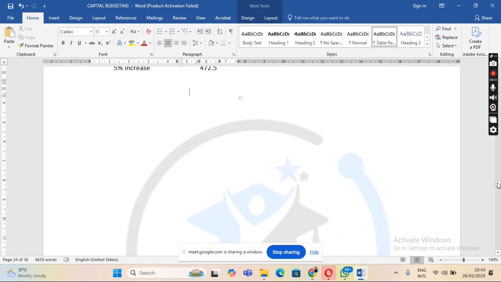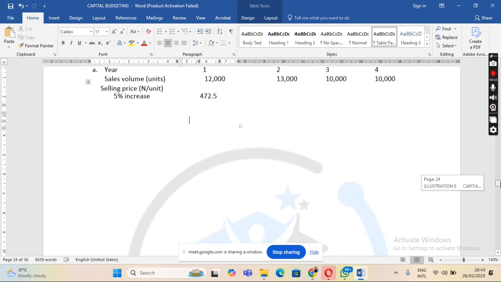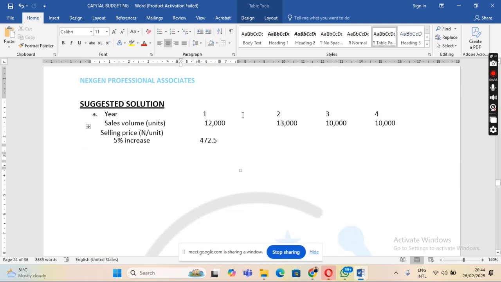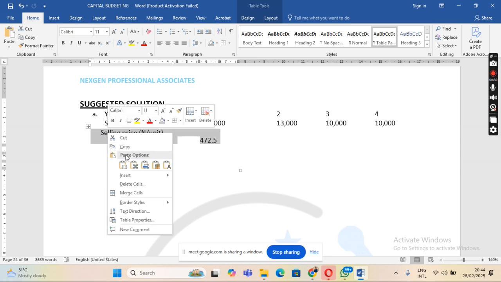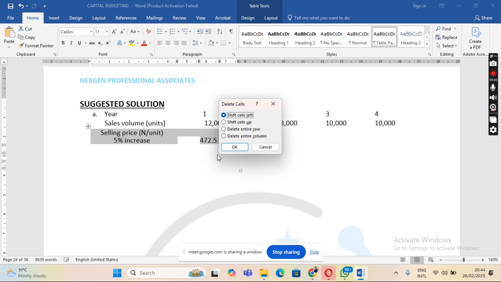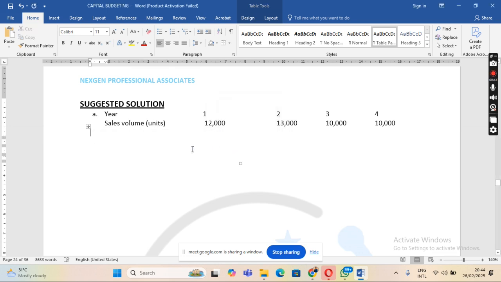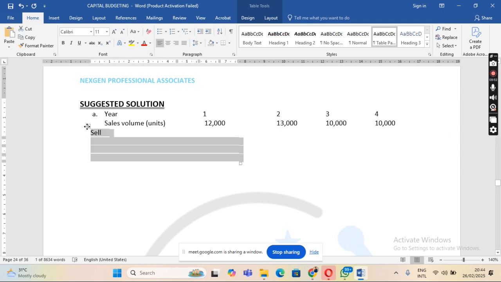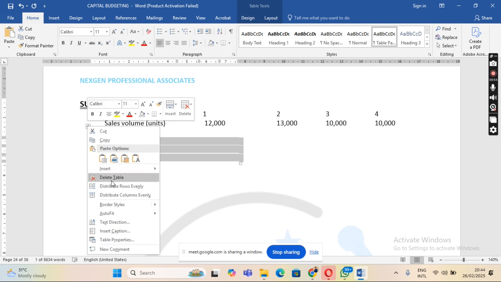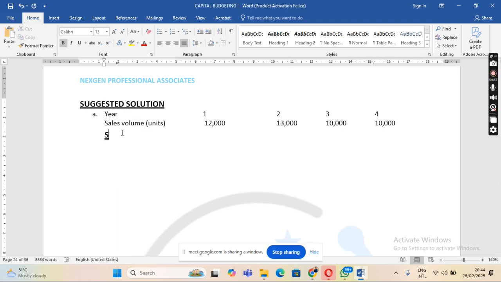I don't know why this thing is jumping, but it's fine. Let me delete this table.